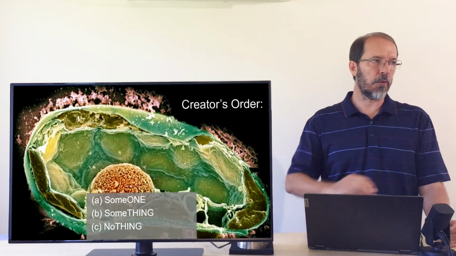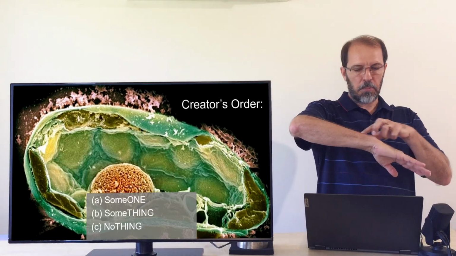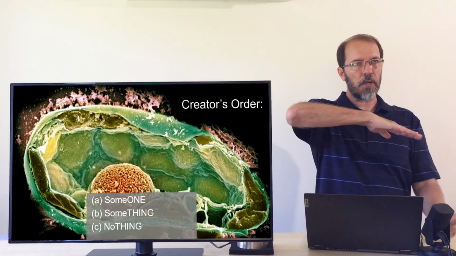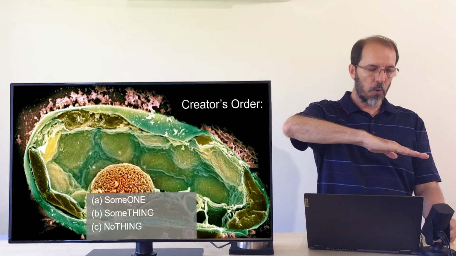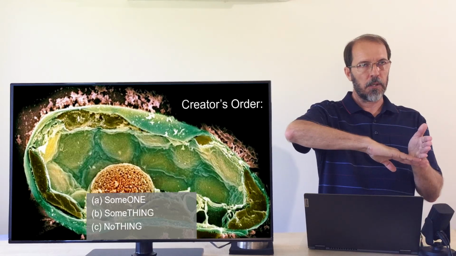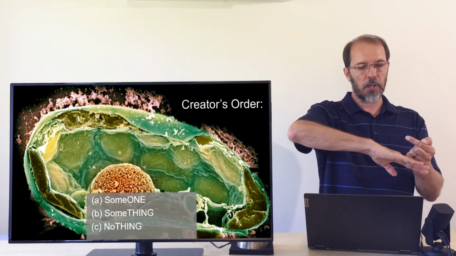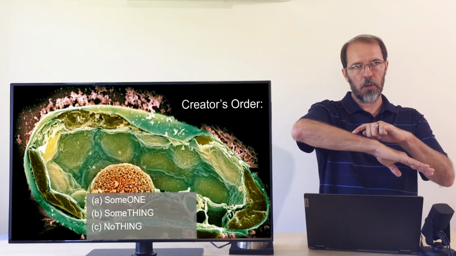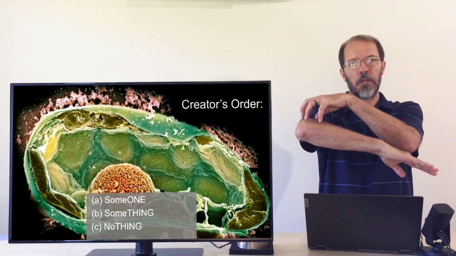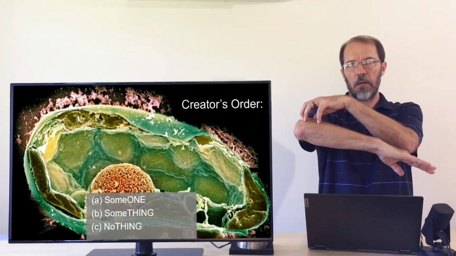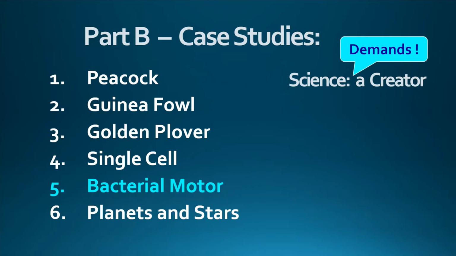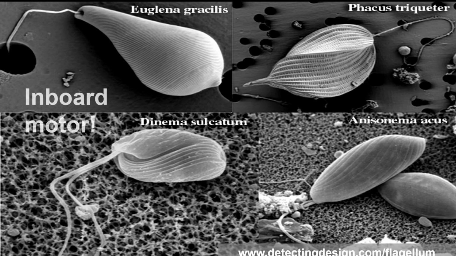Does that come about through random blind energy? No, the law of entropy says the only way to get order is someone needs to decide, plan, strategize, think, design, and work to establish the order. It's super clear. So let's cross over to the bacterial motor, which we mentioned in part A.